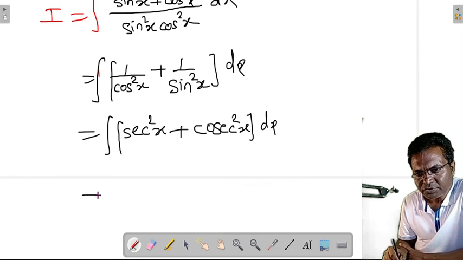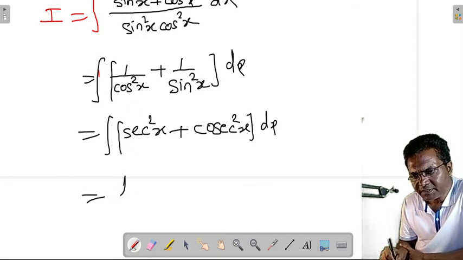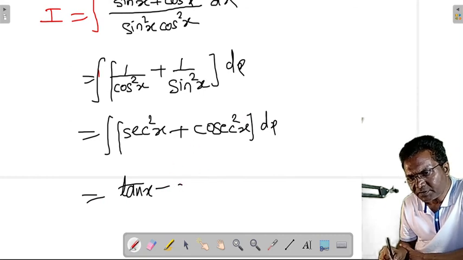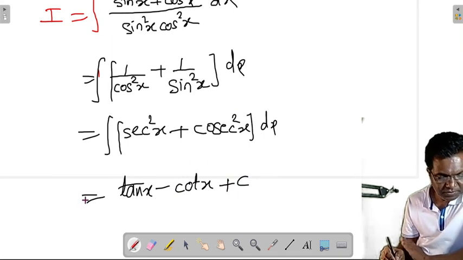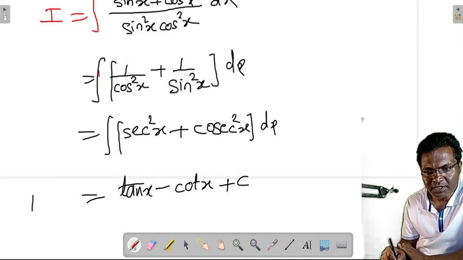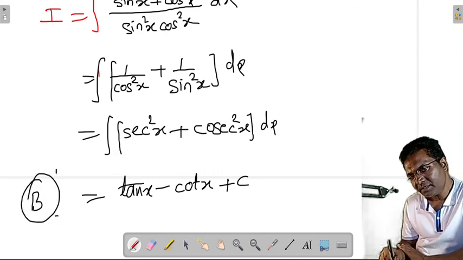Okay, this equals the integration of sec square, which is tan x, that is known to you. The integration of cosec square is minus cot x plus c. So this is your option, tan x minus cot x, option number B in your textbook.